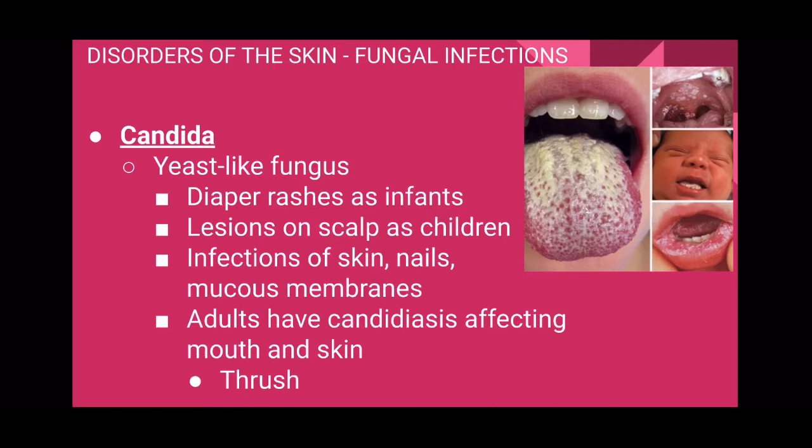In older children who have Candida, they usually show recurrent or persistent lesions on the scalp, and in adults, chronic candidiasis can cause thrush. If you remember, thrush is the fungal infection located in your mouth, like what's shown in that picture of the tongue that looks yellow.